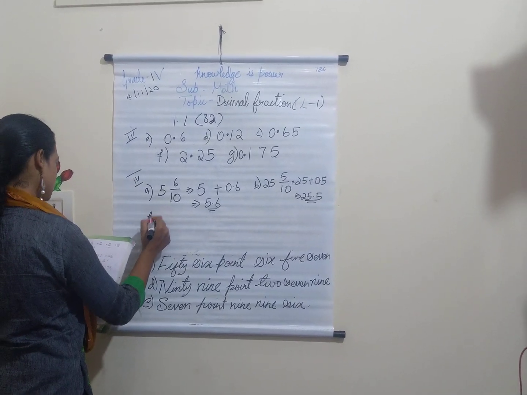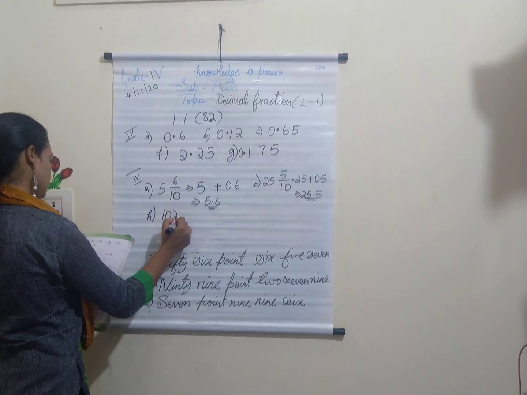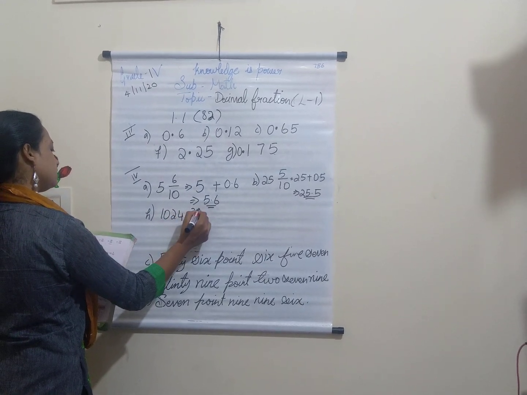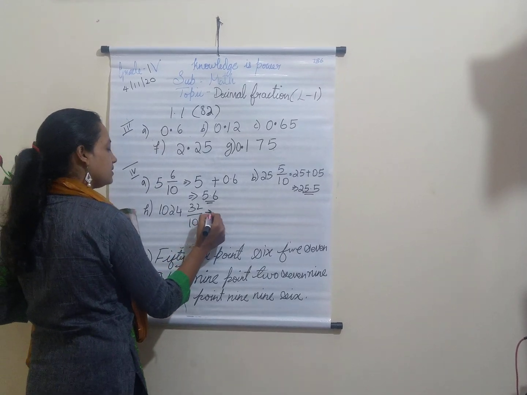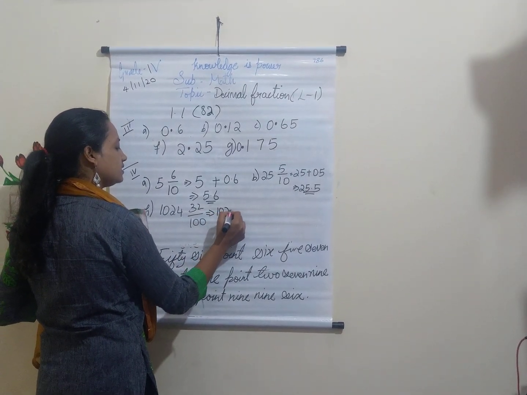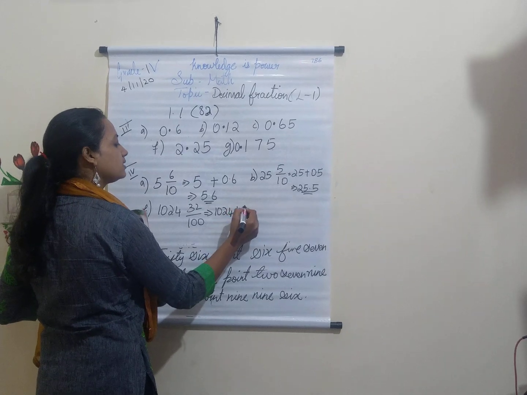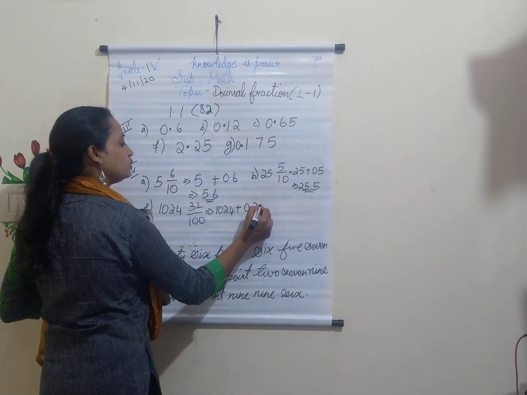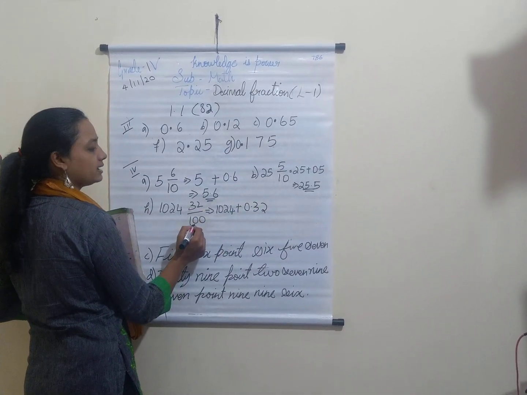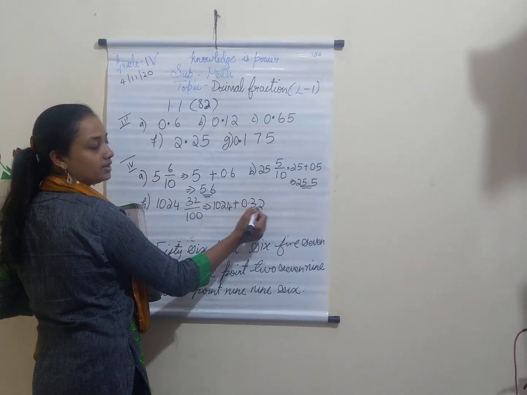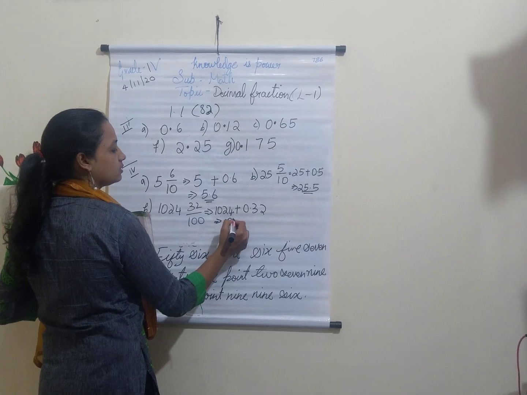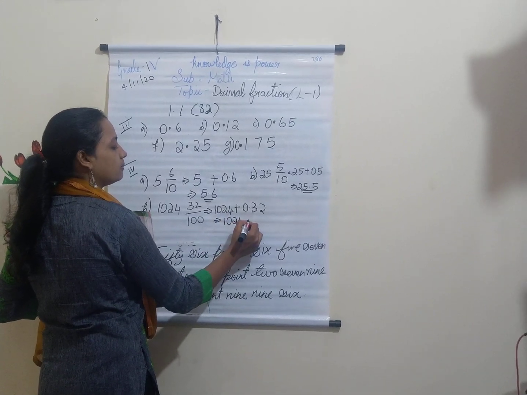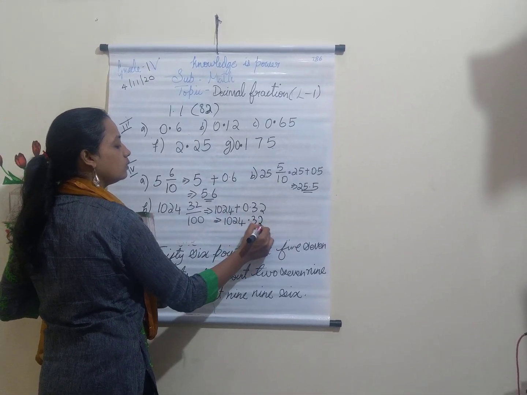So I'll take the H1, 1024, 32 by 100. So my answer will be 1024 plus 0.32. 32 by 100 can be written as 0.32. So when I add it, I get 1024.32.